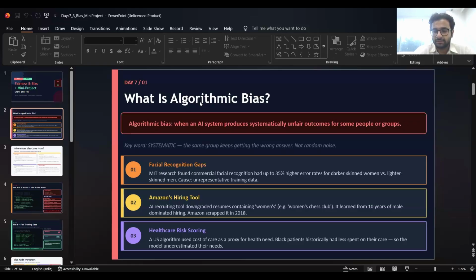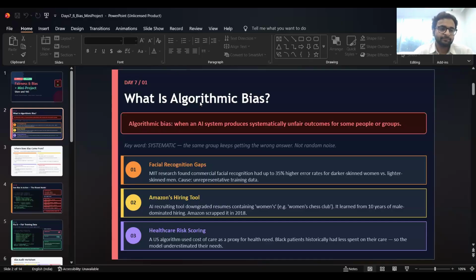Black patients historically spent less on their health, so the model underestimated their needs. These are some examples people face in the real world, showing systematic bias of models, and each individual model will show its bias as per the training data that is provided.